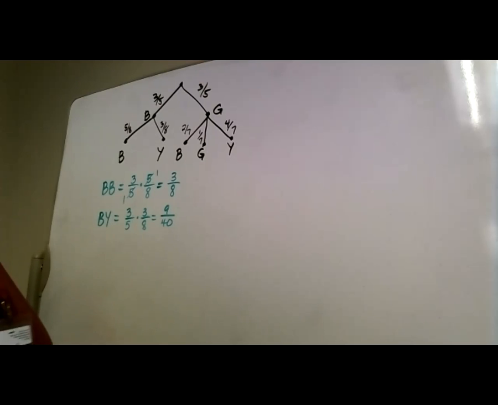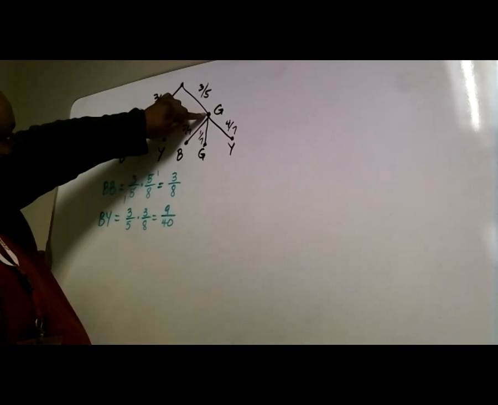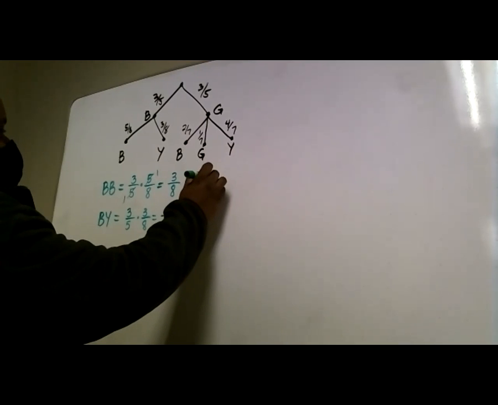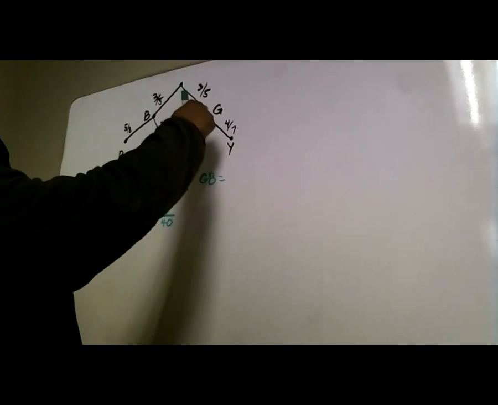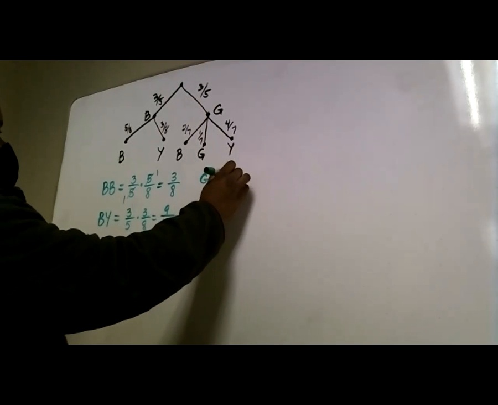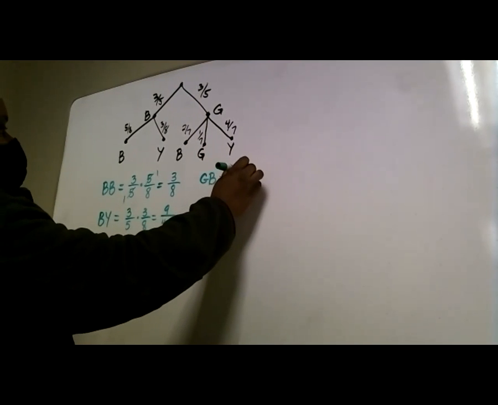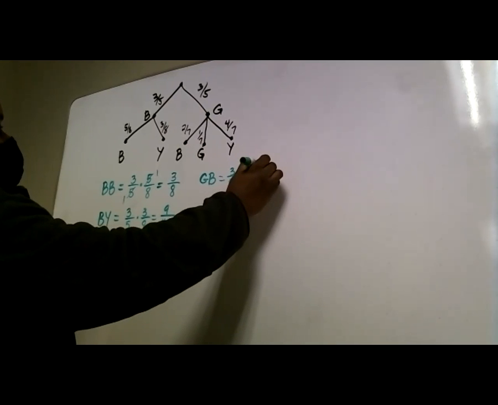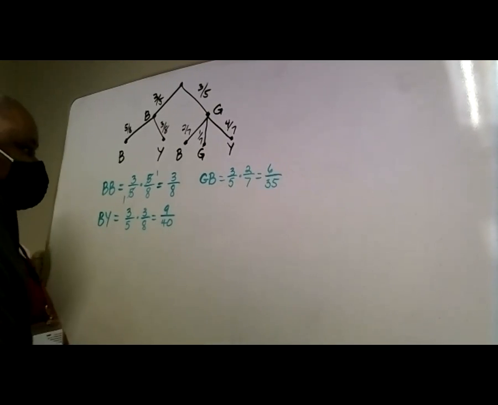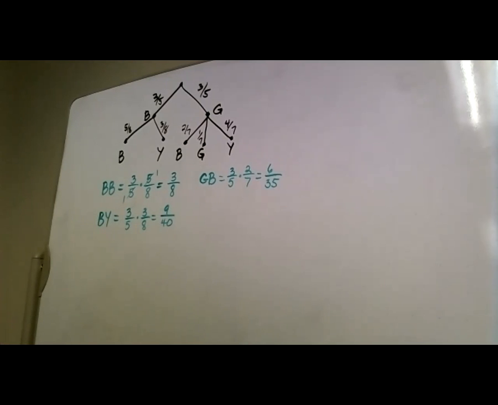All right, now here we go from the green to a blue. Just G and then B. That probability there would be 3/5 times 2/7. This will end up being 6/35.